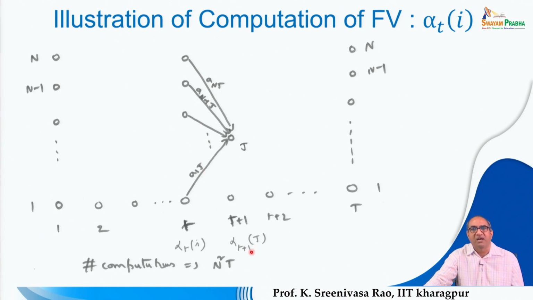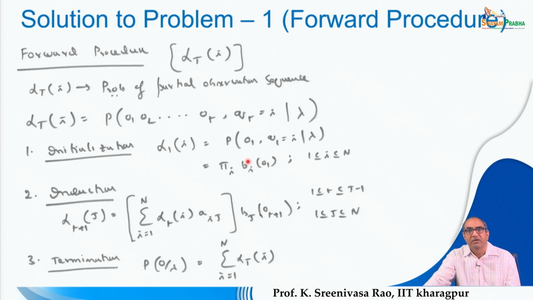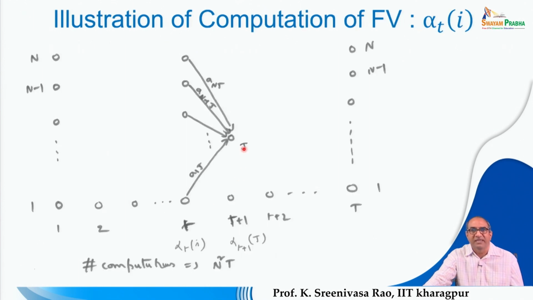When you compute alpha t plus 1 of j, we take the summation of all these alpha t of i multiplied by the state transition probabilities, and then we get the probability of reaching this state. At this state the symbol probability will be b j of O t plus 1, that is what we have seen in the previous one. That way you can compute.